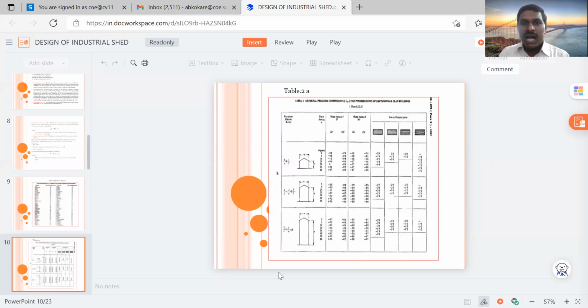But how to take these coefficients? We take them depending on the height and width of the building. It means we have to take the H by W ratio. H is the height of the building, as you see in the image, and W is the width of the building. So by this calculation we take the coefficients for the design of the industrial shed.